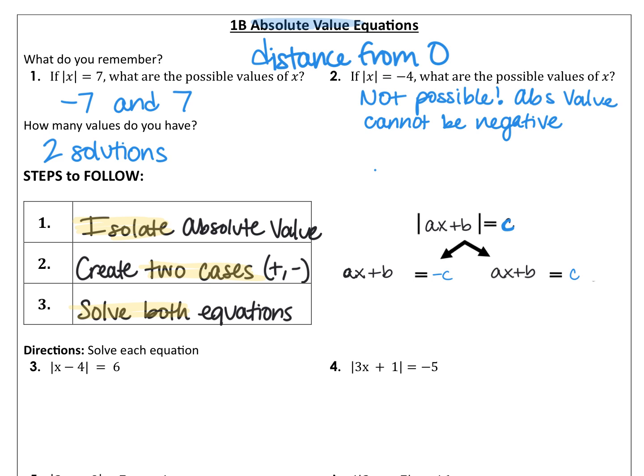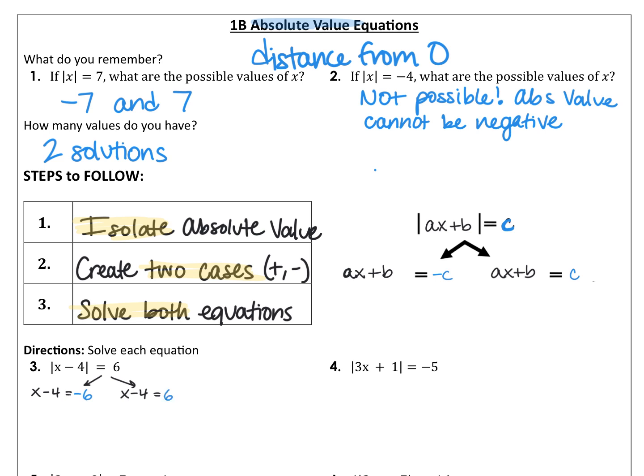Look at number 3. The absolute value is by itself, so what 2 numbers have an absolute value of 6? It'll be +6 and -6. So you're literally going to see me split it up into 2 equations: x minus 4 equals -6, and x minus 4 equals +6.